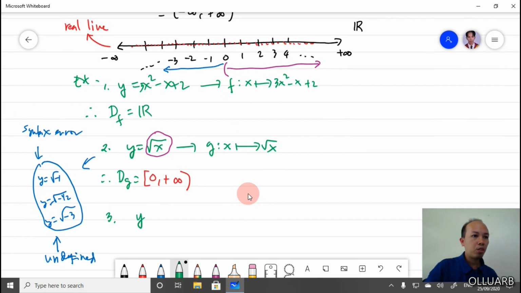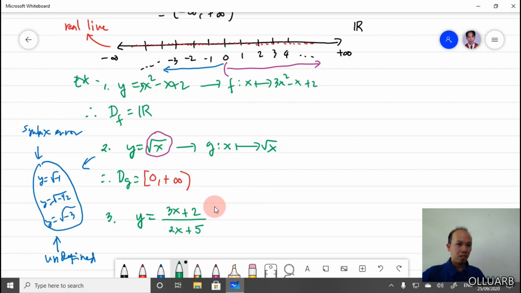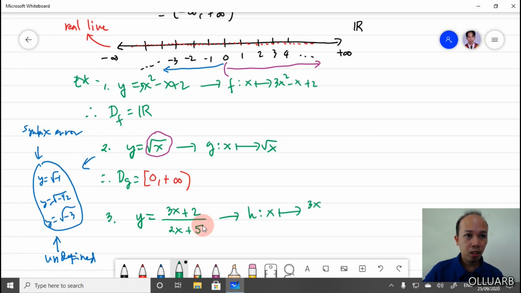We have this equation, y is equal to, let's have a rational, 3x plus 2 over 2x plus 5. Suppose that we define it to be h. It doesn't matter, I choose h, so therefore we will use this notation: h of x equals 3x plus 2 over 2x plus 5.